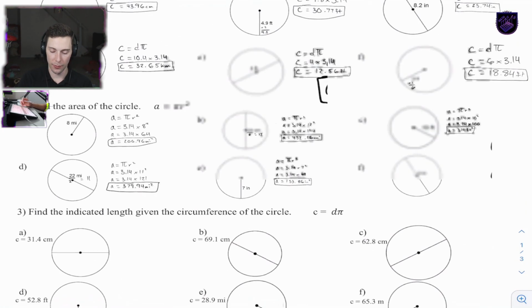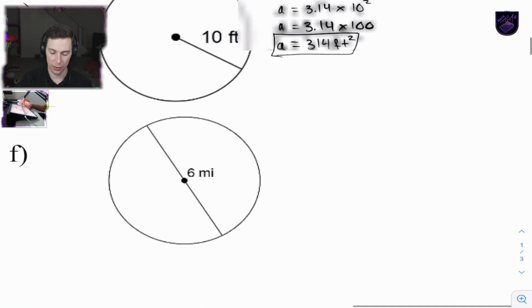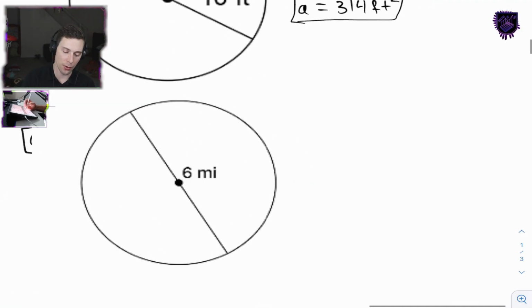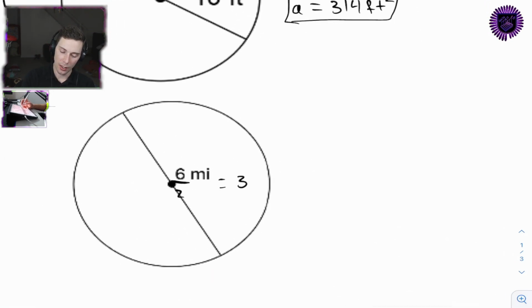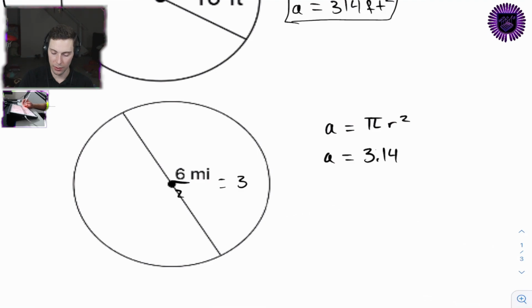All right, moving on to our last question of this section, and it gives us, oh no, the diameter. We divide it by 2, and that gives us 3 for our radius. We don't want our diameter, we want our radius. Area is equal to pi times radius squared. Our area is equal to 3.14 times 3 squared.